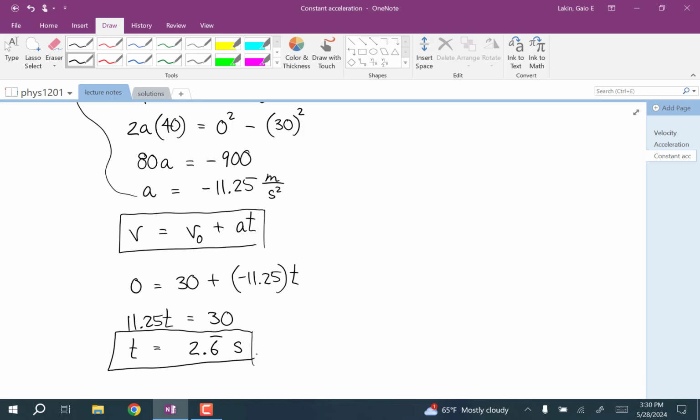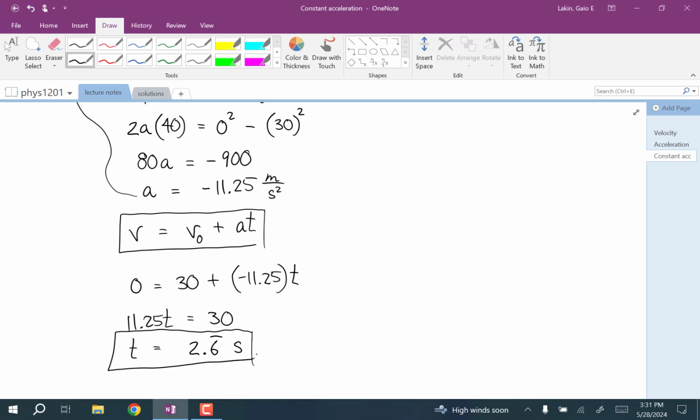And then let's think again, do the signs of our velocity and acceleration make sense? I think this is always a helpful thing to do, because sometimes you can catch mistakes that you've made this way. Well, is this car in this example speeding up or slowing down? In this case, the car is slowing down. It's hitting the brakes.